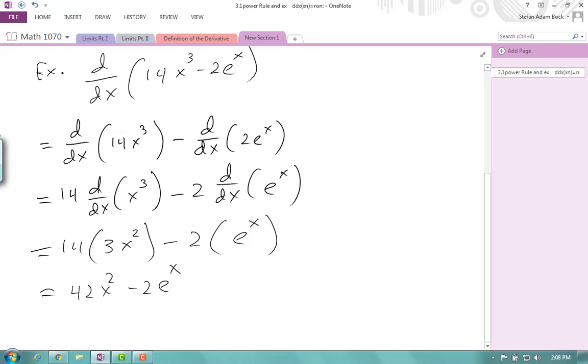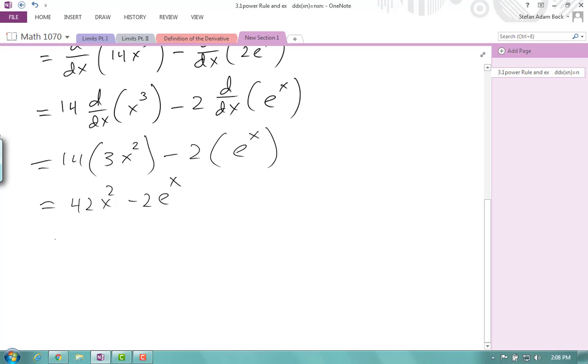And if I wanted, I could take the derivative of that again. I can take derivatives as many times as I want. So that's denoted like this: d squared dx squared of 14x cubed minus 2e to the x. Forgot to write the square.